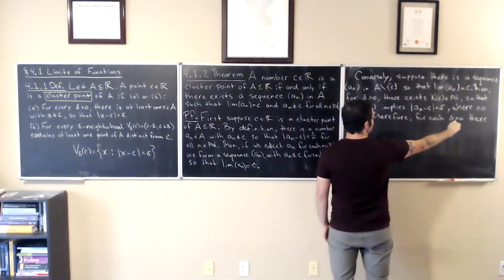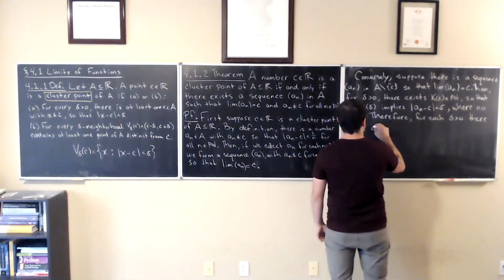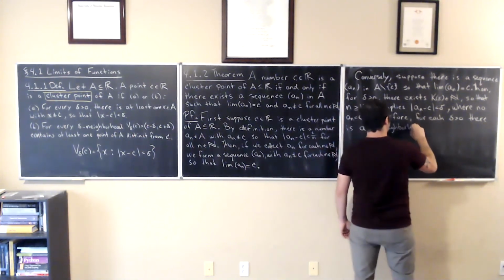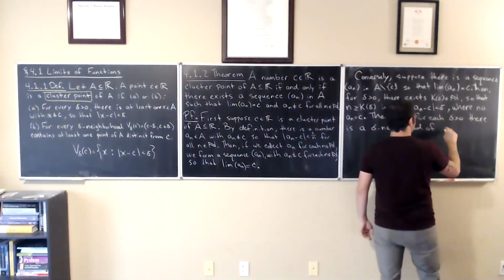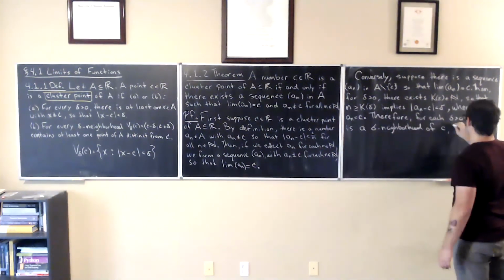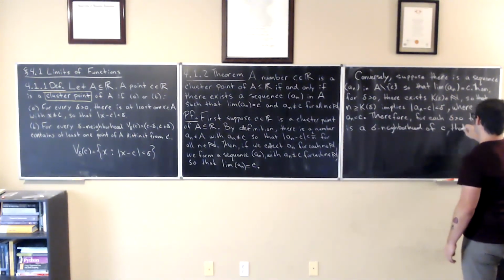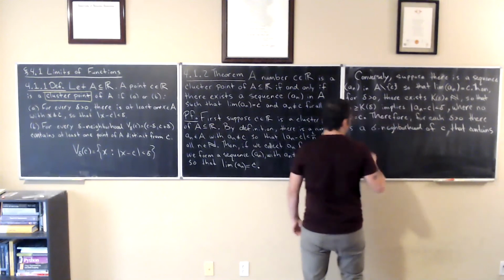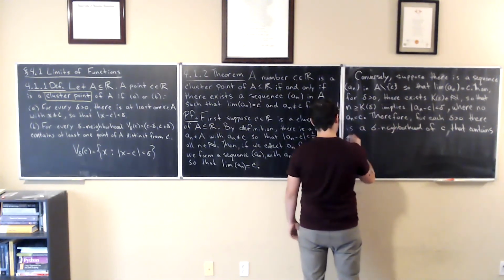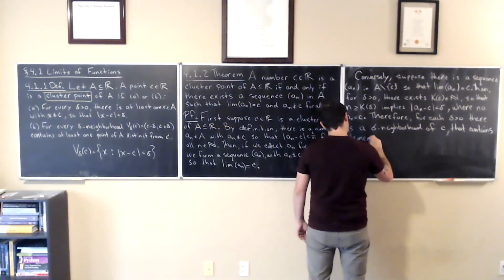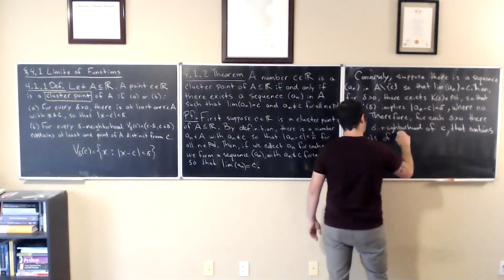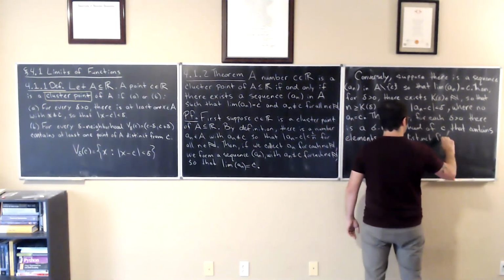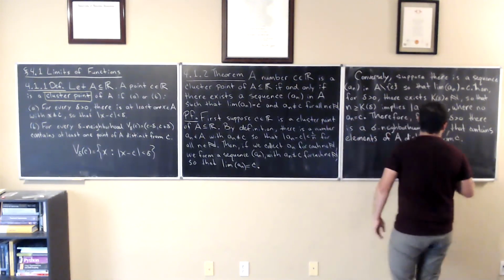Therefore, for each delta greater than 0, there is a delta neighborhood of C that contains elements of A distinct from C. And then we're done.